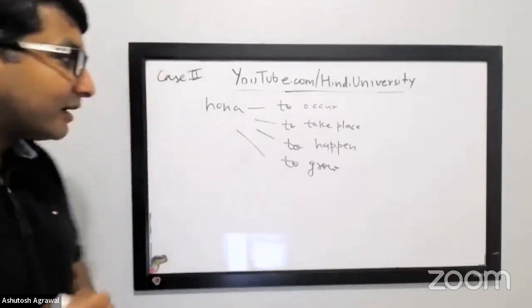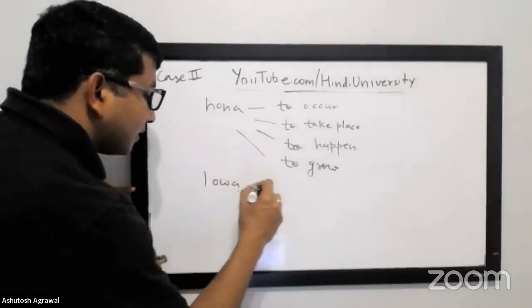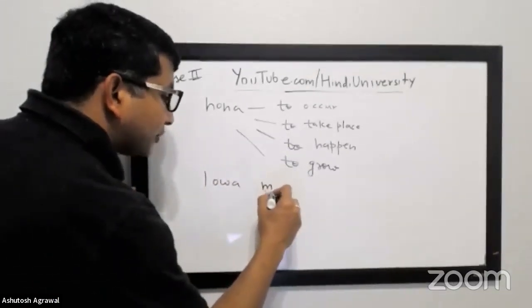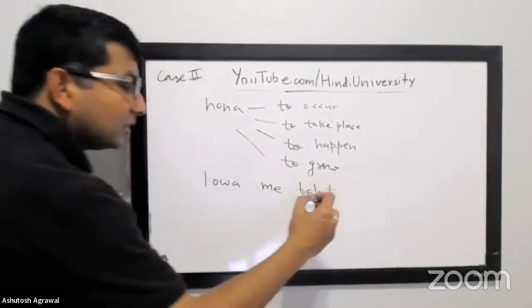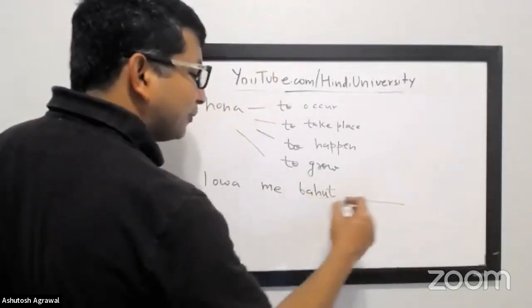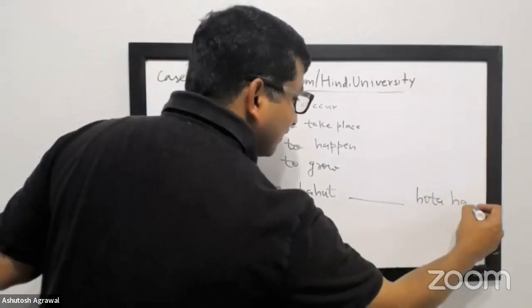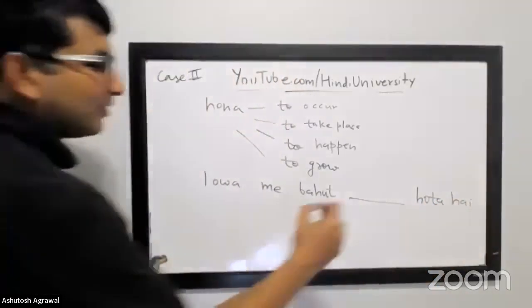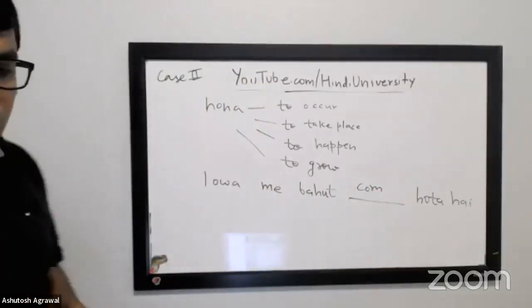So I can ask a question like Iowa में. So let's say I'm not asking, you are saying Iowa में बहुत corn. I know you're not from Iowa, but आयोवा में बहुत corn होता है.